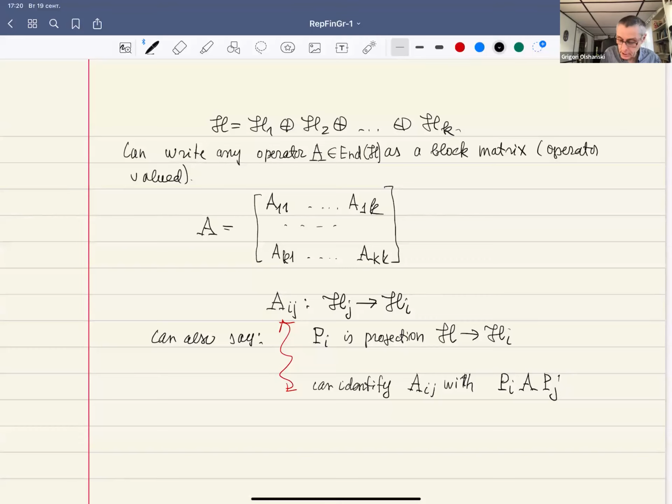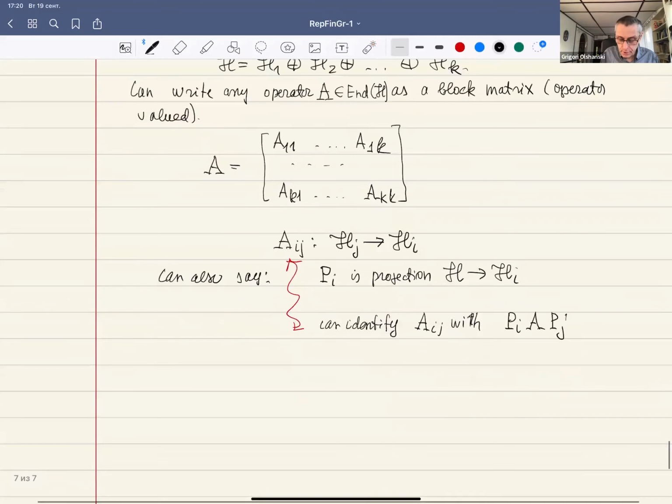More precisely, one can say that this one is the restriction of this operator on these components. Okay. So this is a formal definition.